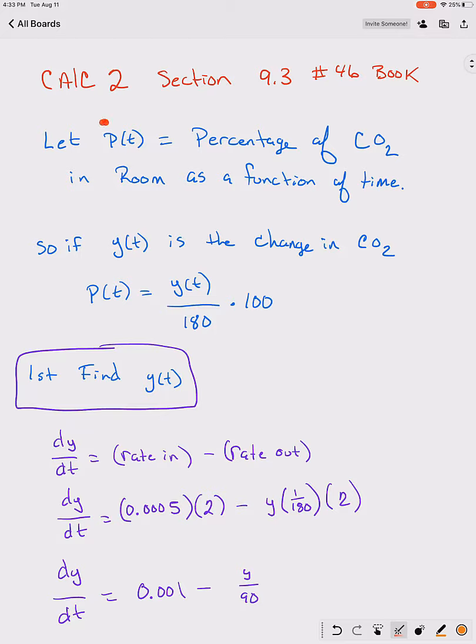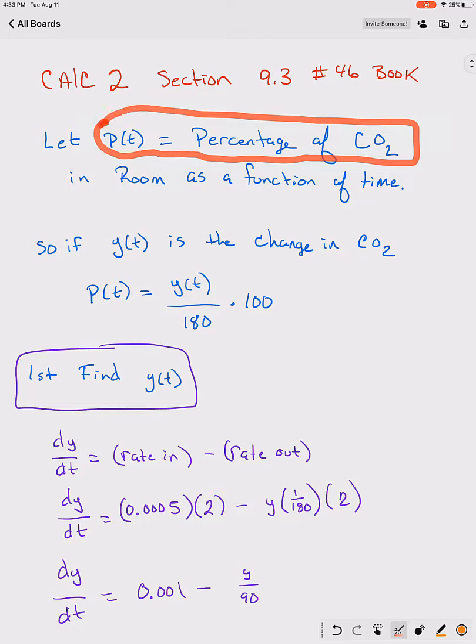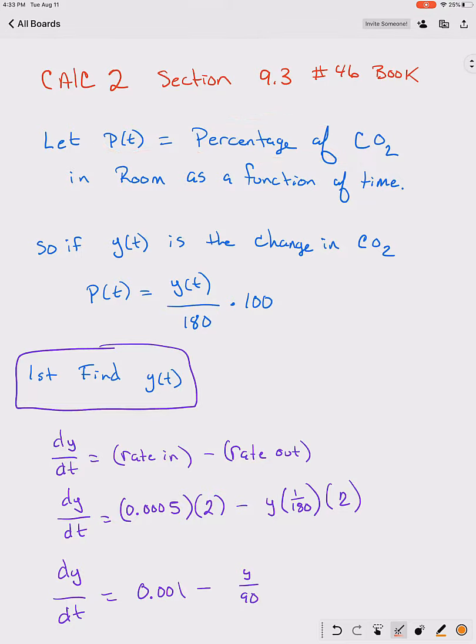So this is the part that can be tricky. We're supposed to find P of T, the percentage of the CO2 in the room as a function of time.